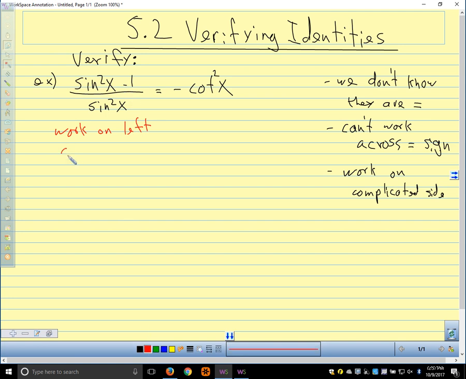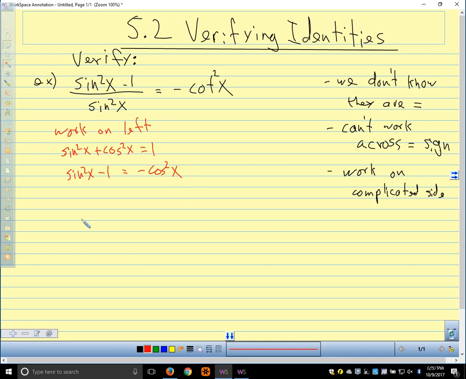So I'm going to remember my Pythagorean identity, sine squared x plus cosine squared x equals 1. So for sine squared x minus 1, I would subtract 1 from both sides and subtract cosine squared from both sides. So sine squared x minus 1 is negative cosine squared x.